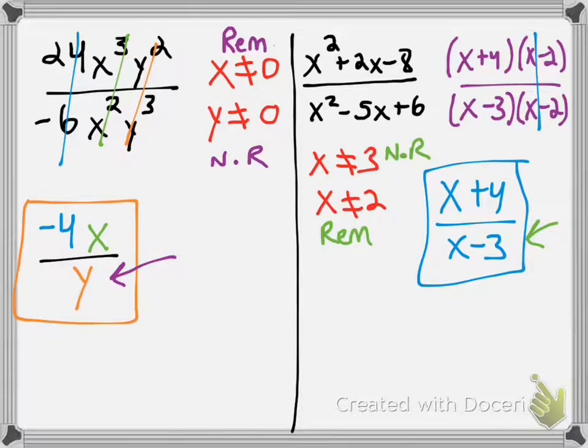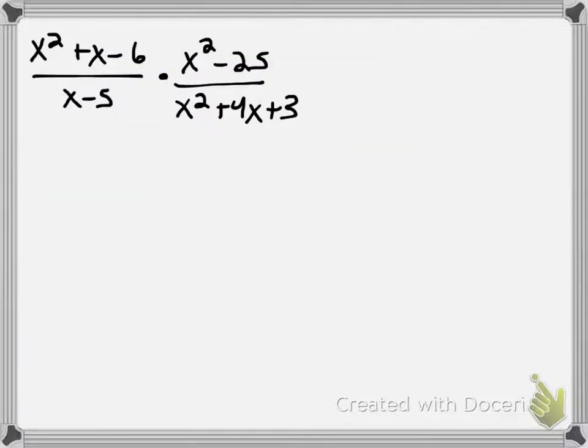Alright, so hopefully you get that concept, because it's really the same concept with just a few changes as you multiply and divide. So we have two rational expressions being multiplied by each other. So the first thing we're going to do doesn't really change. We're going to factor everything. So I've got x plus 3 and x minus 2. Here, let's go below because I'm going to run out of space.